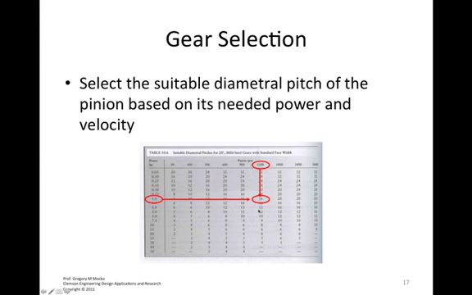I could also use a gear with a diametral pitch of 12, 10, 8, 6 or 5, depending on the gear sizes you have access to. So that's how this table reads, and this comes from the selection of the diametral pitch. At this point we haven't selected the size of the gears or the number of teeth on the gears yet.